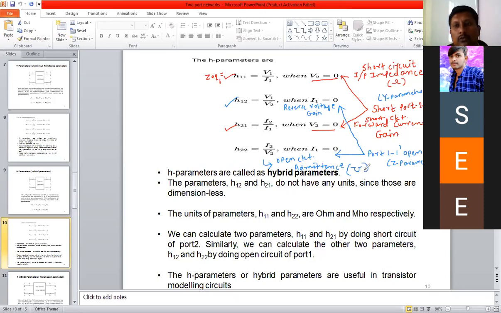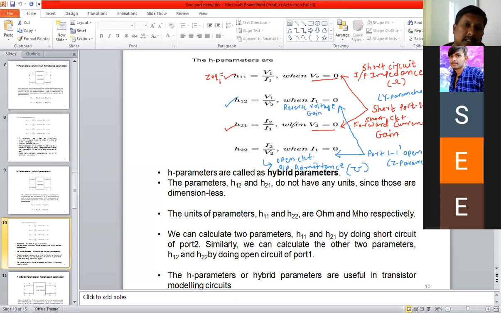Okay, so as there is input impedance, then याला output admittance असंही म्हणतो आपण त्याला. So open circuit output admittance. So input impedance H11, output admittance H22, then H12 as a reverse voltage gain, H21 as a forward current gain.